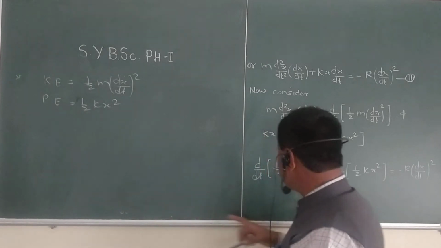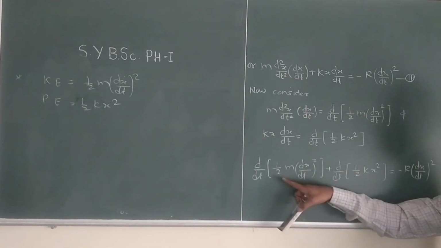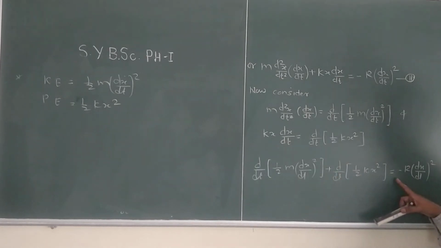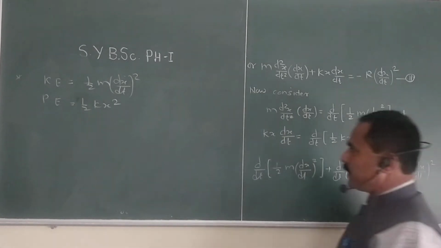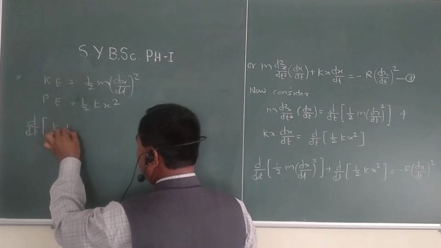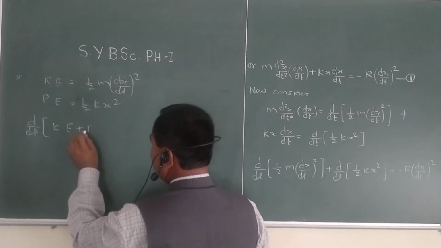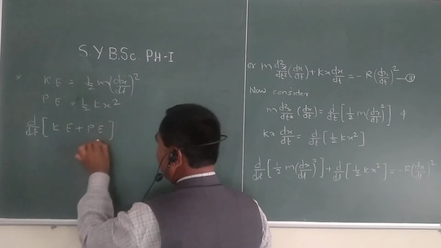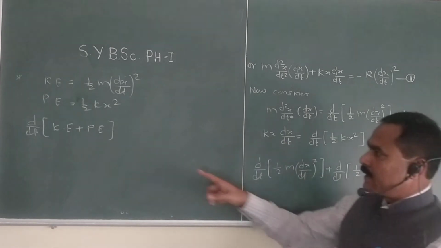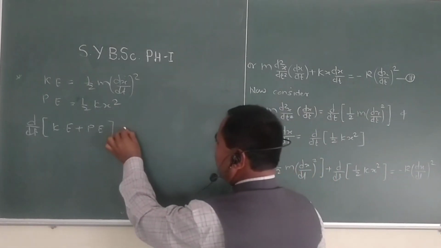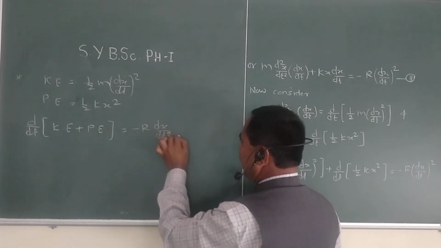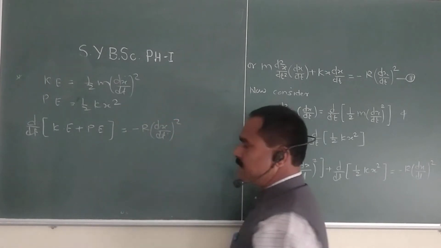Then we write this equation: d/dt of kinetic energy plus d/dt of potential energy equal to minus r (dx by dt) whole square. Therefore, taking d/dt common, d/dt of (kinetic energy plus potential energy) equal to minus r (dx by dt) whole square.